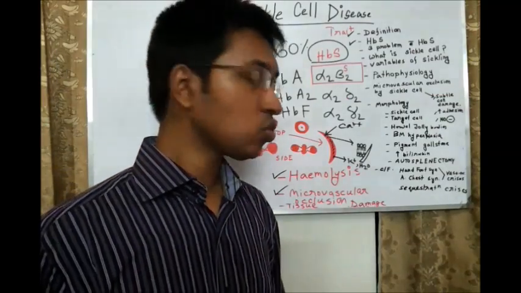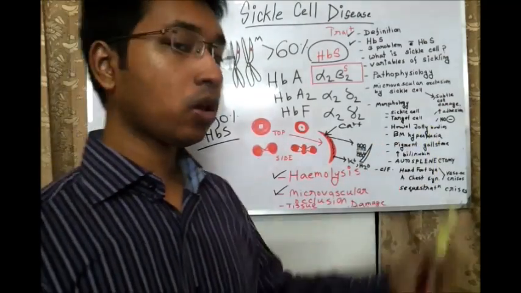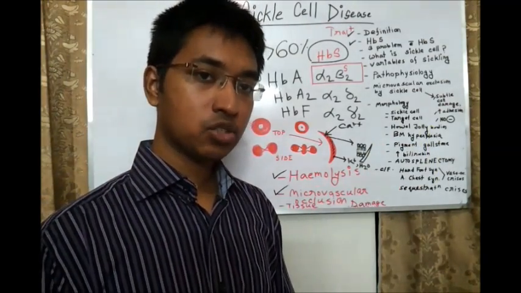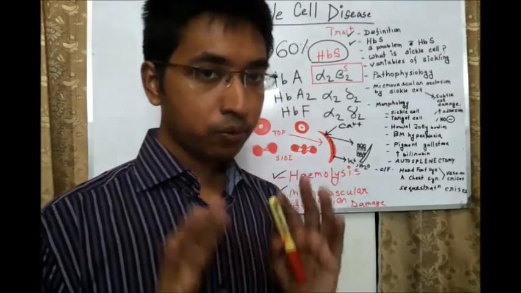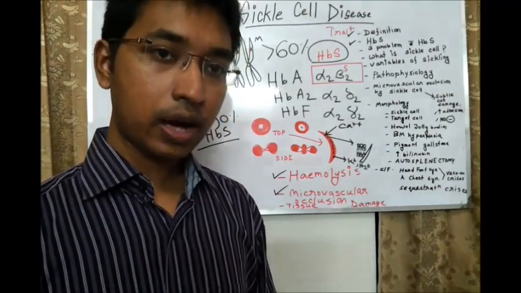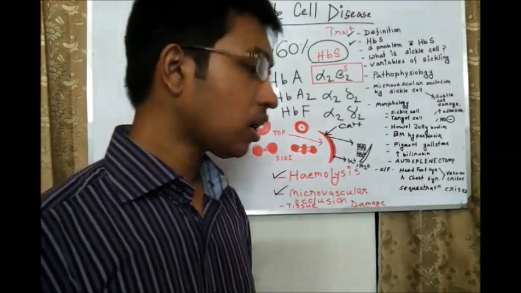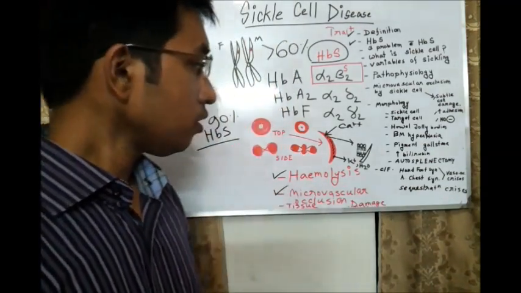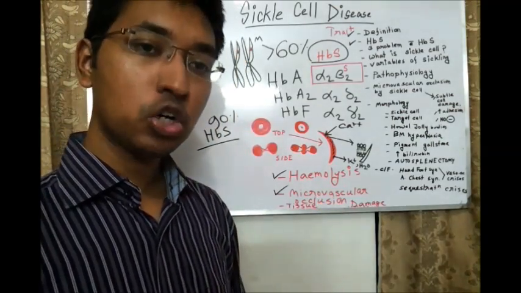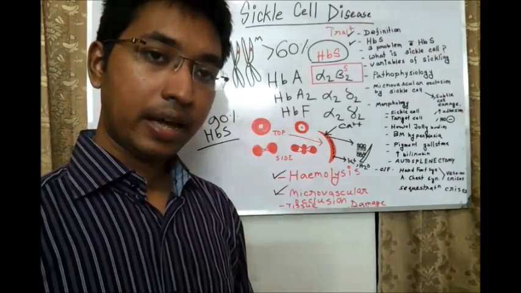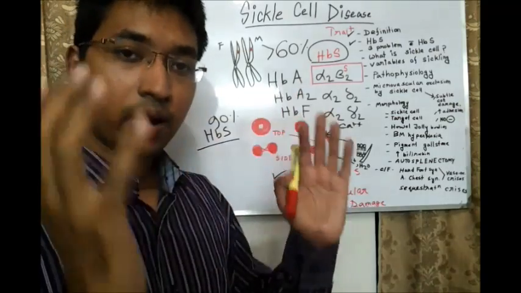Okay. Now, what will be the other findings? Well, we will also see Howell-Jolly bodies. Those are fragments of nucleus inside the cell. Okay, normally we don't see these types of fragments because those cells are destroyed in the spleen, but here, always remember there is a term called autosplenectomy. That is, when we're having microvascular occlusion in the spleen, at first, since blood is getting stuck in the spleen, the spleen is getting enlarged.